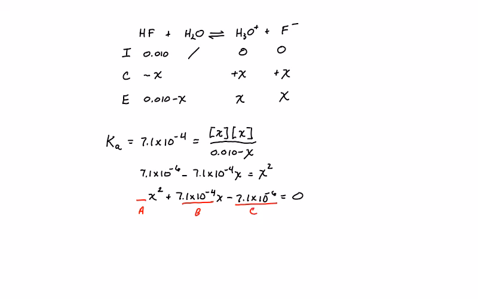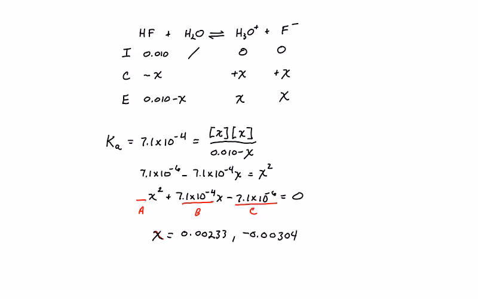And honestly, I have no problem with you using a quadratic formula calculator. In this day and age, you might as well. Okay, and when we plug this into our quadratic formula calculator, we wind up with 2 values for X. We get 0.00233, and we get negative 0.00304.